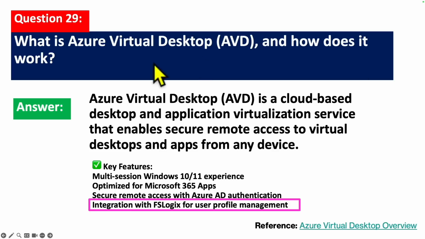So where would you typically use this Azure Virtual Desktop? If they ask about some of the use cases, you can tell that Azure Virtual Desktop or Windows 365 are used in remote work, which enables employees to securely access their work environment from home or other remote locations. Second is temporary staff.